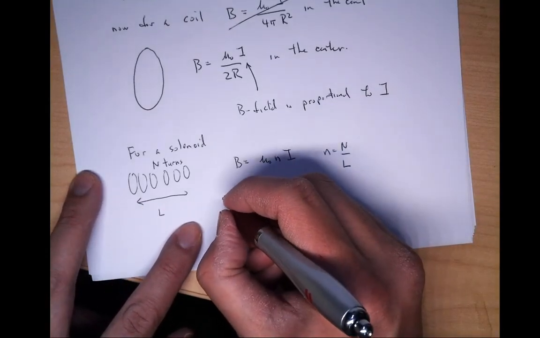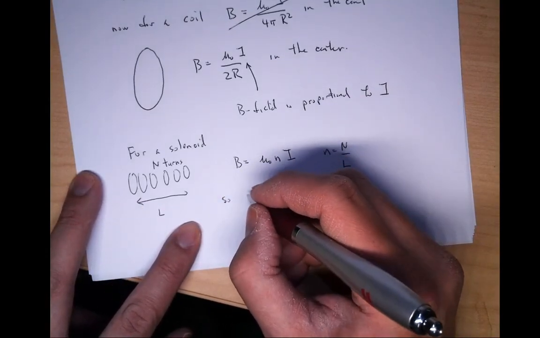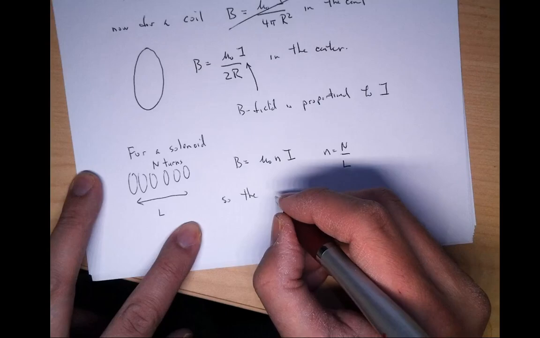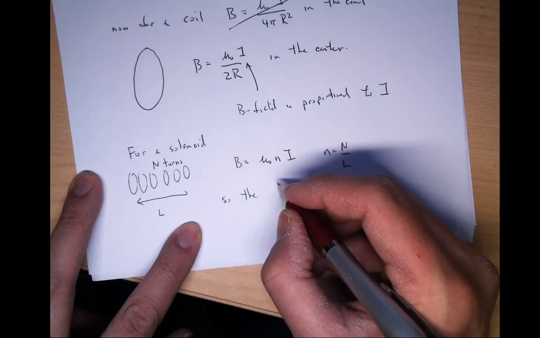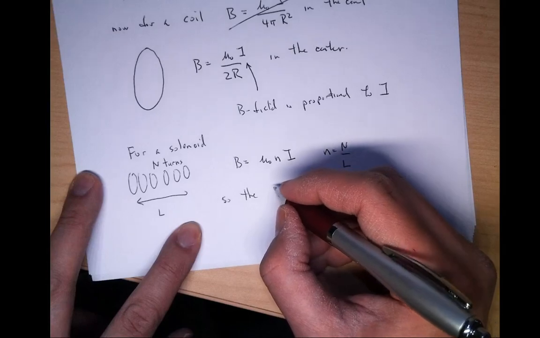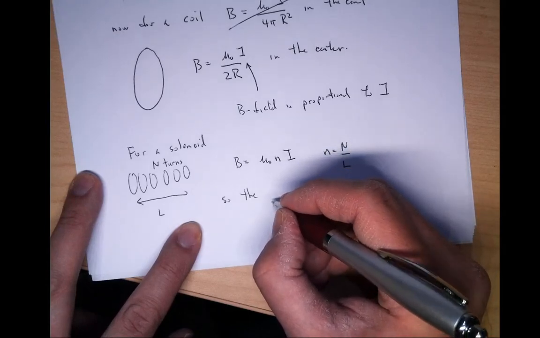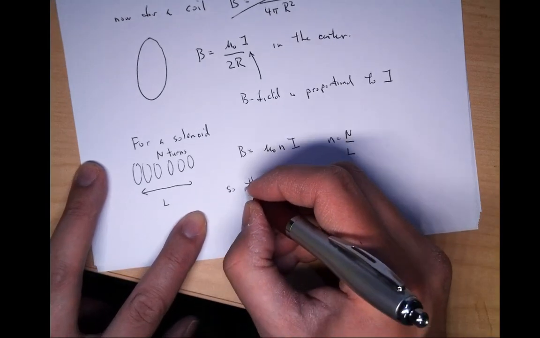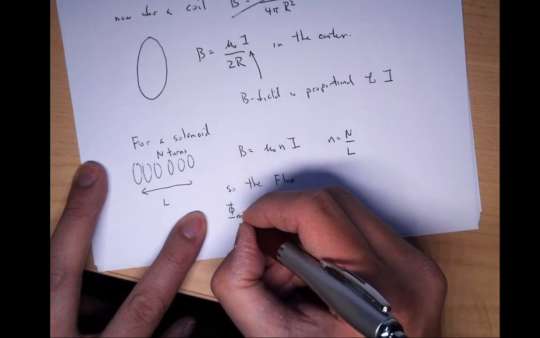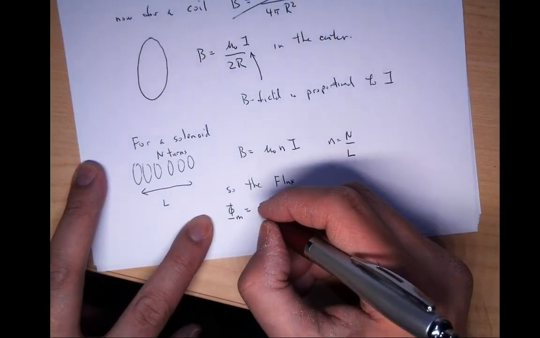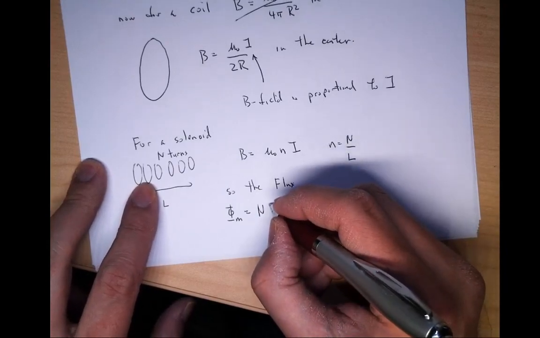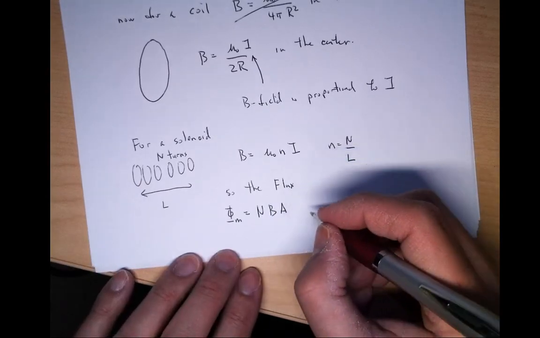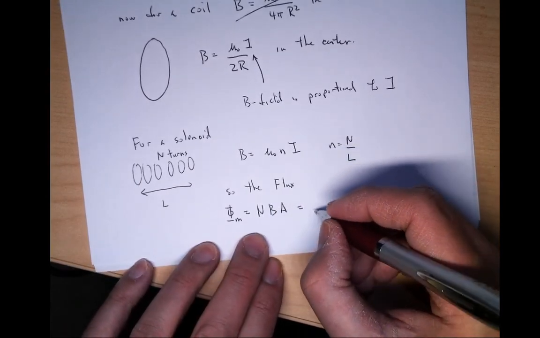Okay, so the flux phi sub m, well, that's just how many coils we have. We have N coils. What's the B field we have? We have B fields, and we have A. So it's NBA.